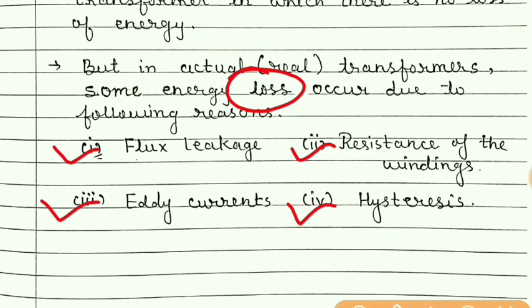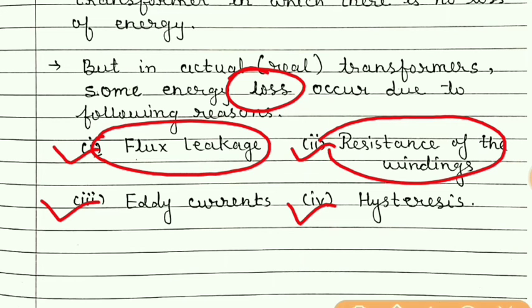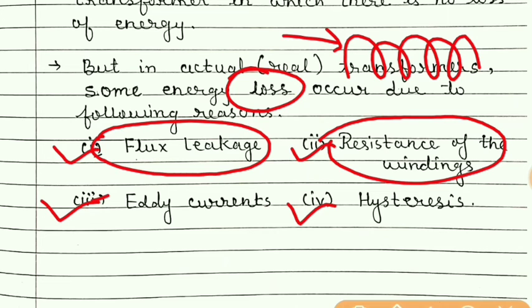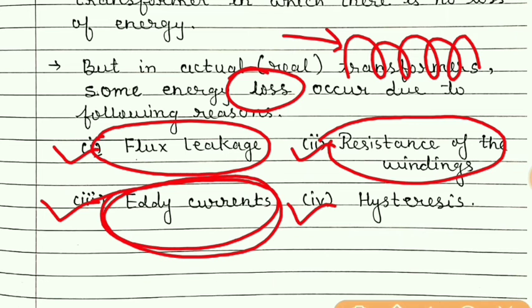There are four main reasons. One is leakage of the flux, that I have explained to you. Resistance of the winding, that also I explained to you, that the wires which are used for winding may have some resistance, so due to that also some energy is lost. Also there are eddy currents. Due to eddy currents there is loss of energy.